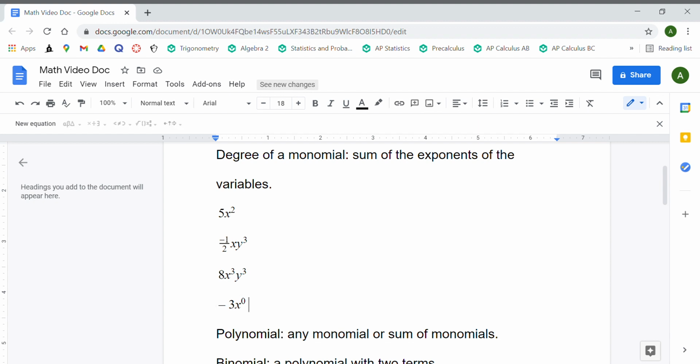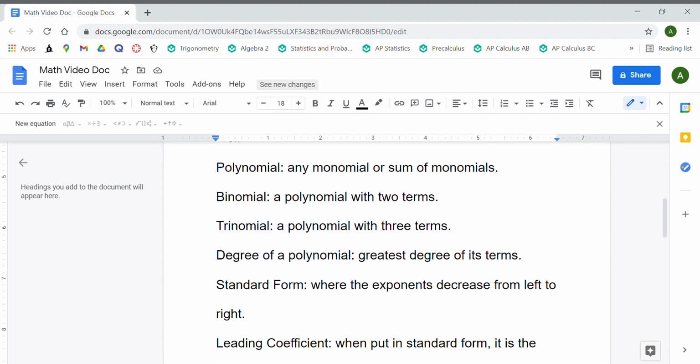So your degree is 0. Now here's the catch. This is not very significant, but if you tried to find the degree of 0 and you said 0, guess what? You're wrong. The 0 has no degree at all. I have no idea why, but it's just that weird.